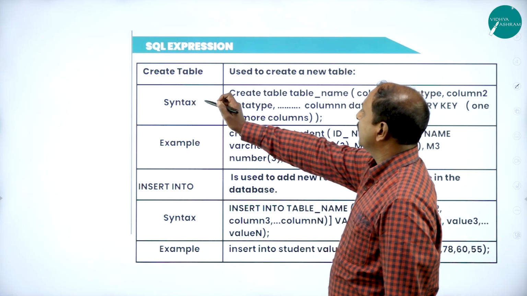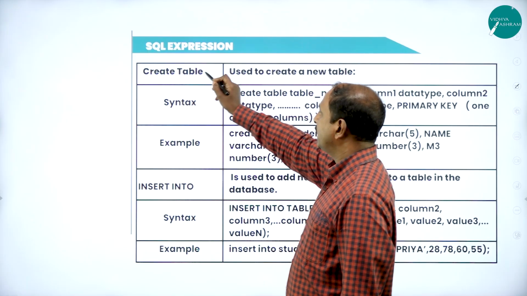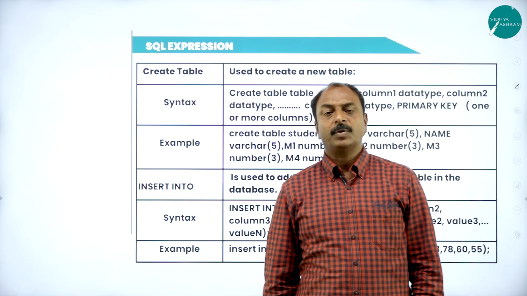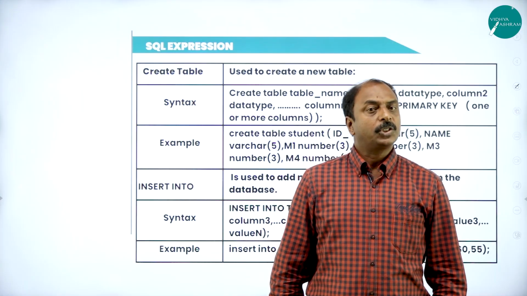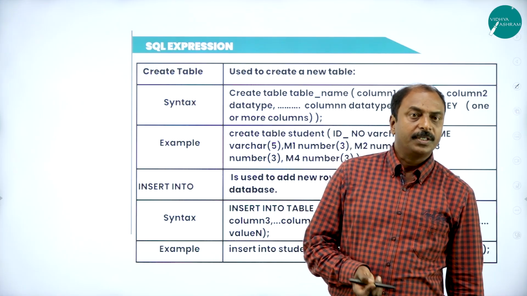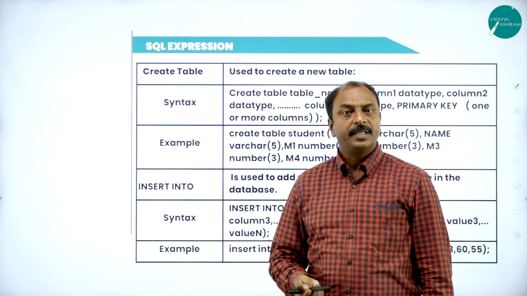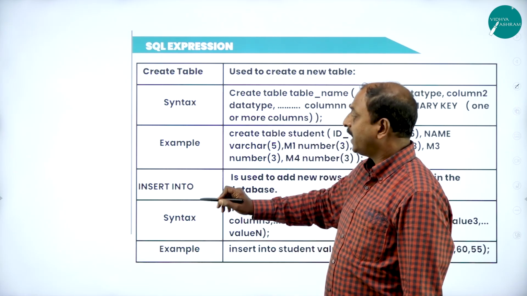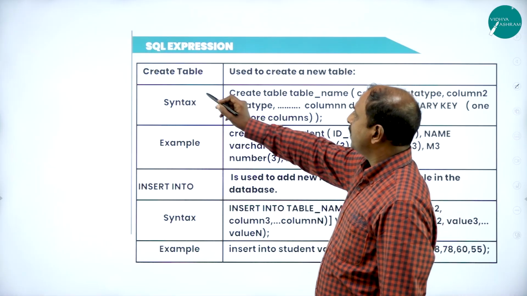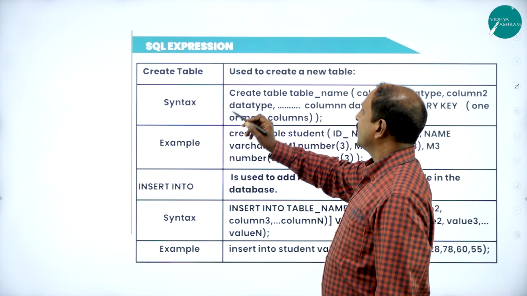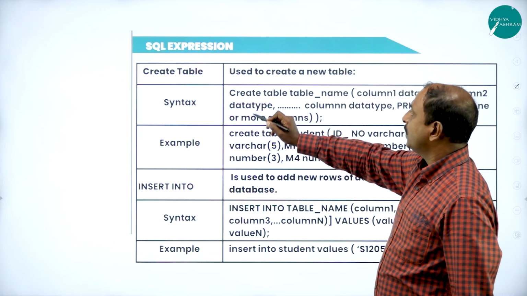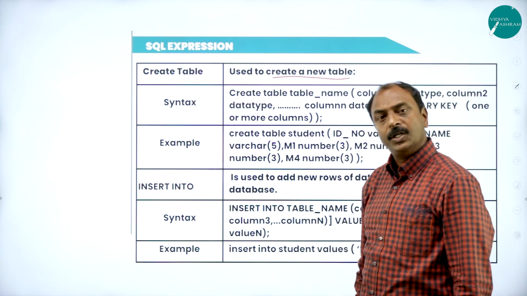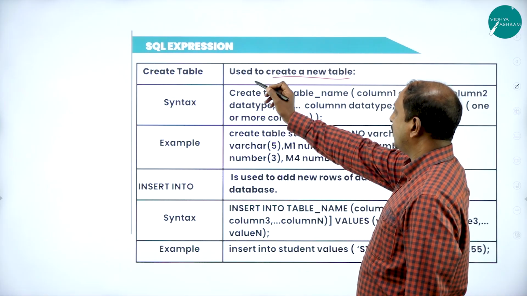The first one is create table. In our previous session, we learned about different commands of SQL like create, alter, update, delete, drop, everything. All of this we are learning here with syntax and examples. The first one is create table, a command used to create a new table. And what is the syntax?